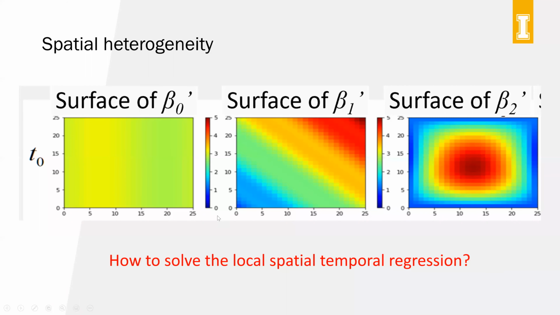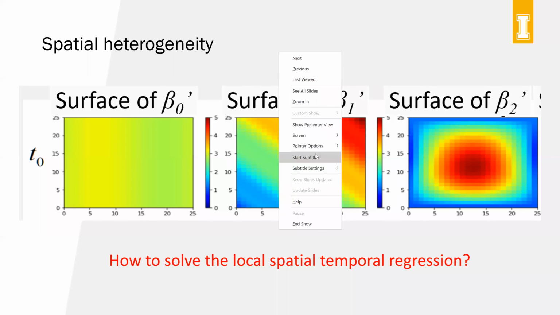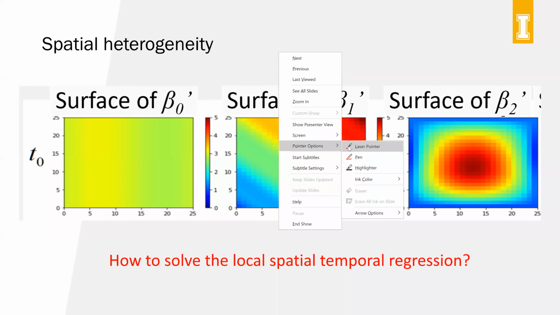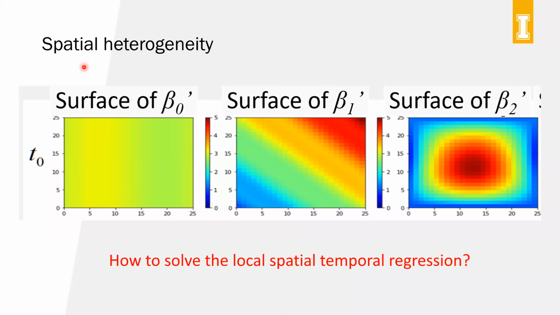In the global least squares model, they treat these coefficients, beta 0, beta 1, beta 2, as the same across space. But what if their values are not consistent across space? This is called spatial heterogeneity.